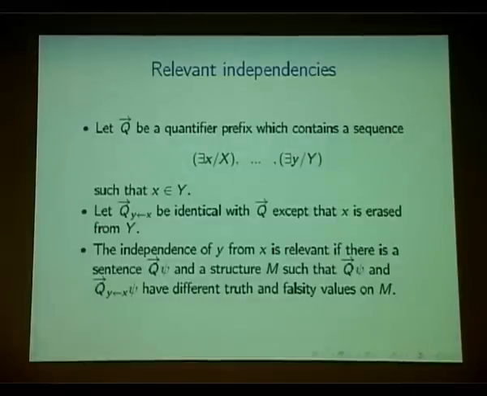It is just to say that the independence of y from x is relevant if there is a formula psi, and we can form a sentence by prefixing the quantifiers to that formula, and a structure M, such that that formula and the other formula in which we erase x from the slash, so in which the existential quantifier y is no longer independent of x, have different truth values. So there is a situation in which the two formulas can be distinguished.